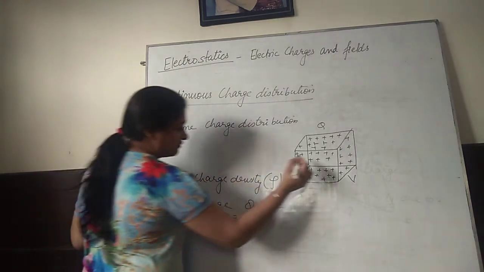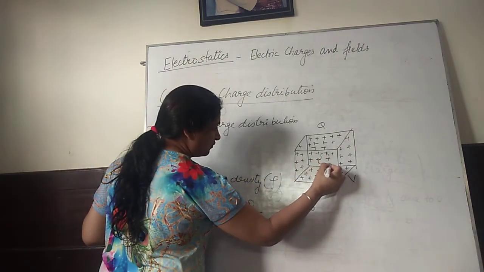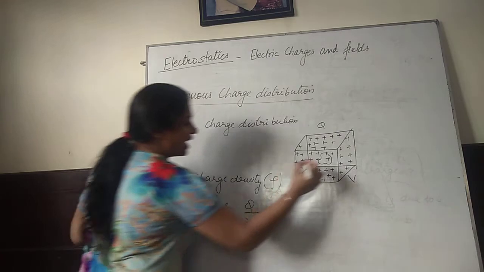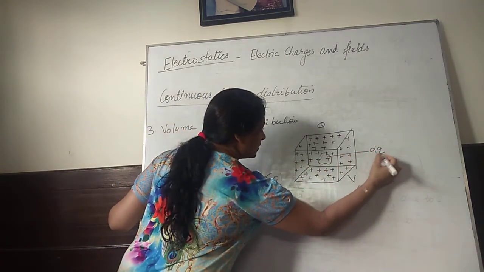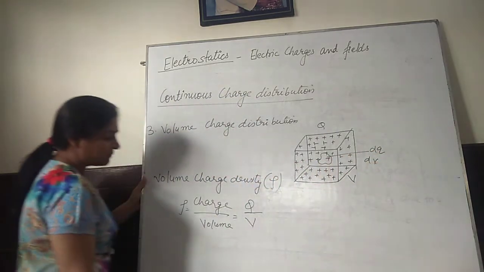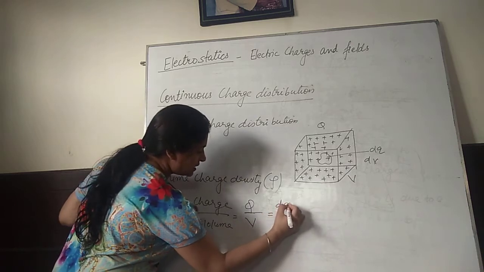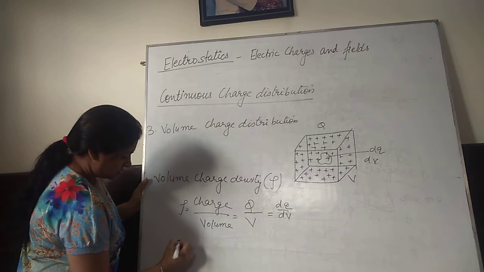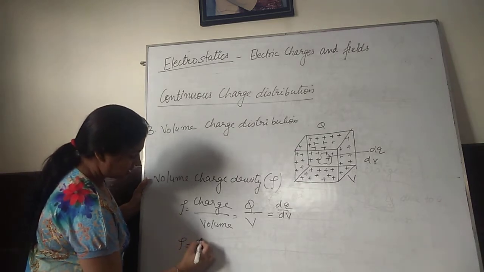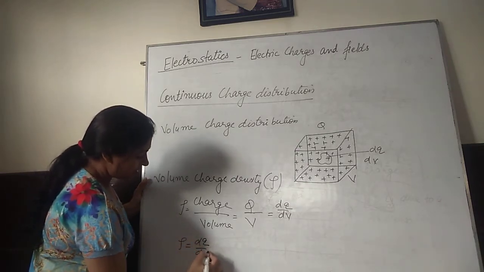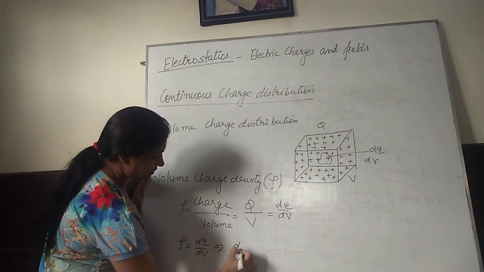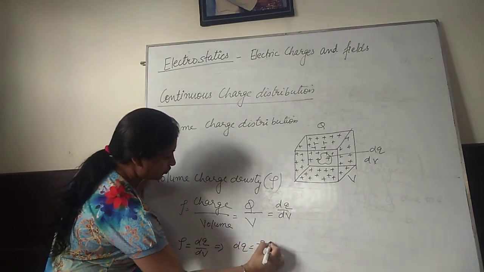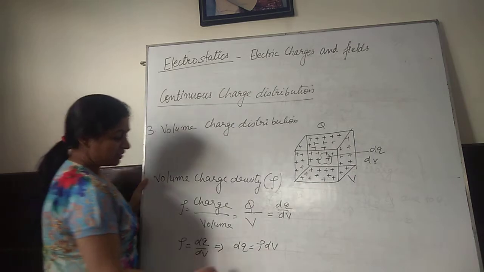And again here, if I am taking a very small volume of this cube having charge dq and having volume dV, so this can also be written as dq over dV. So rho is dq over dV, or we can write dq as rho into dV.